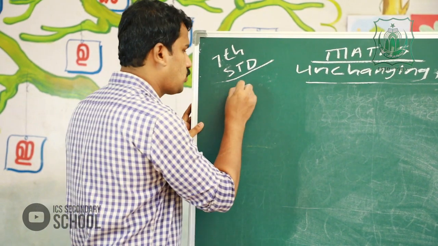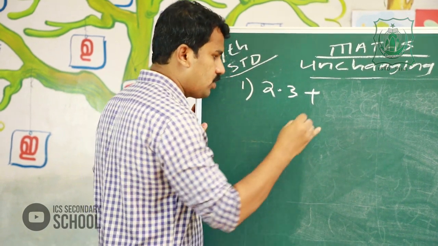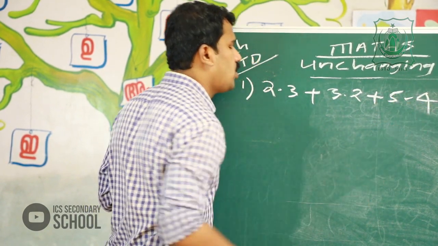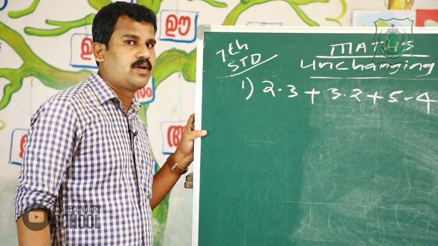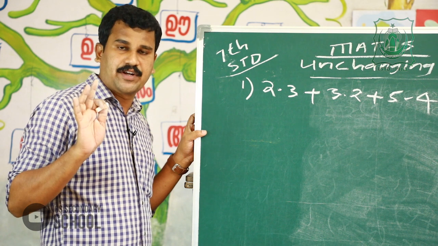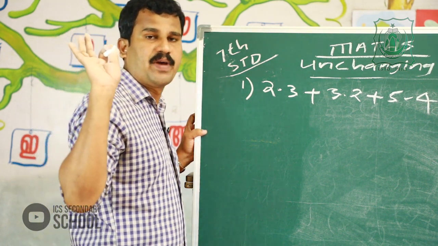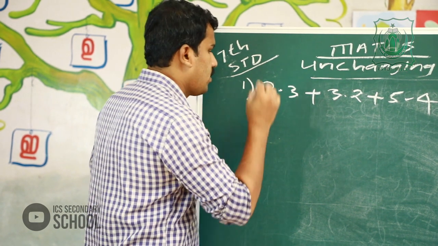First problem, solve 2.3 plus 3.2 plus 5.4. You can solve this problem in two methods. Okay.